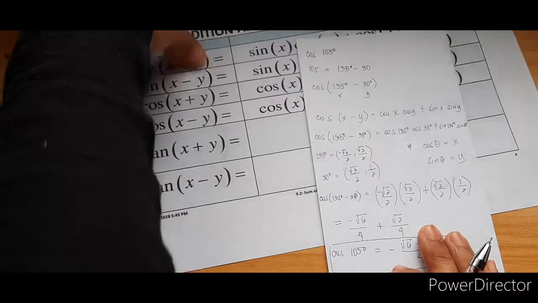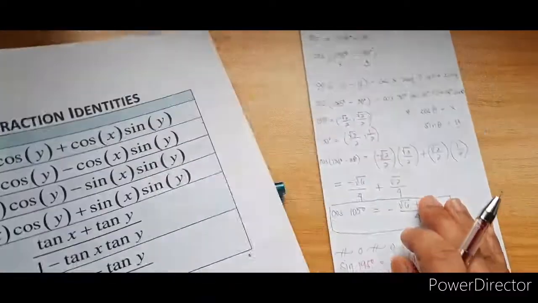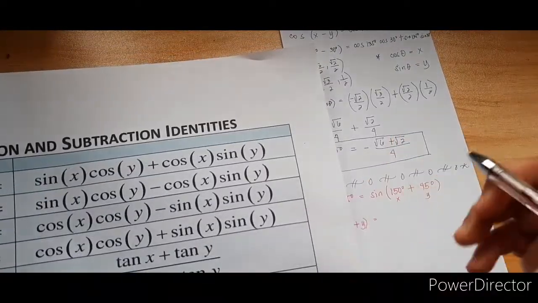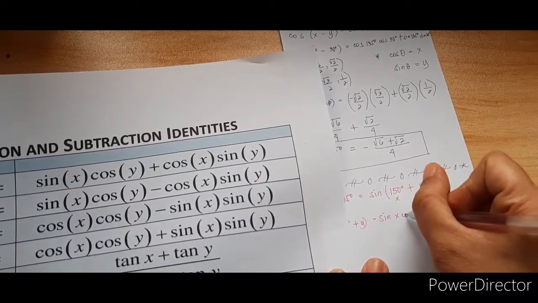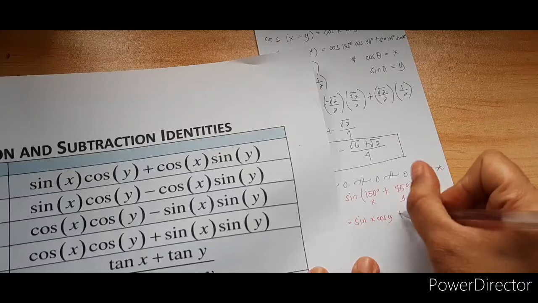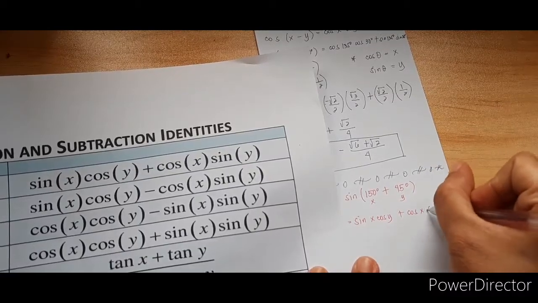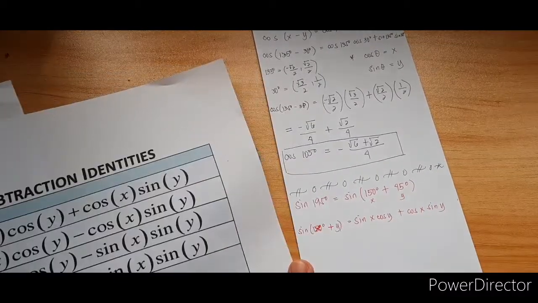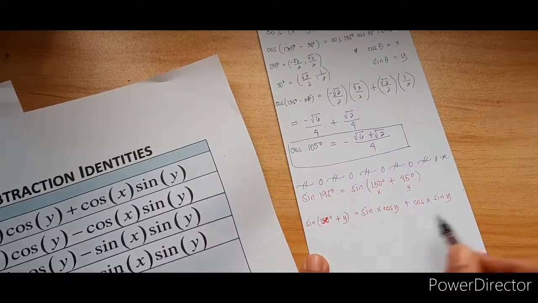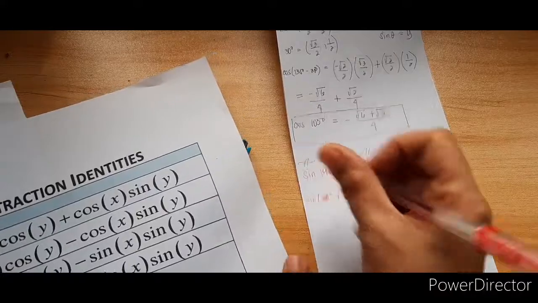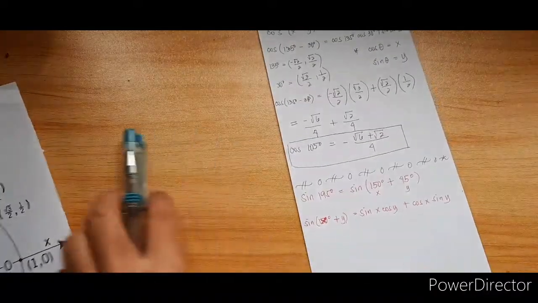Okay. Ayan. Sin x cosine y plus cosine x sin y. Ayan. Okay. So, let us substitute the given to our formula. So, we have, ilagay na muna natin doon. Ayan.